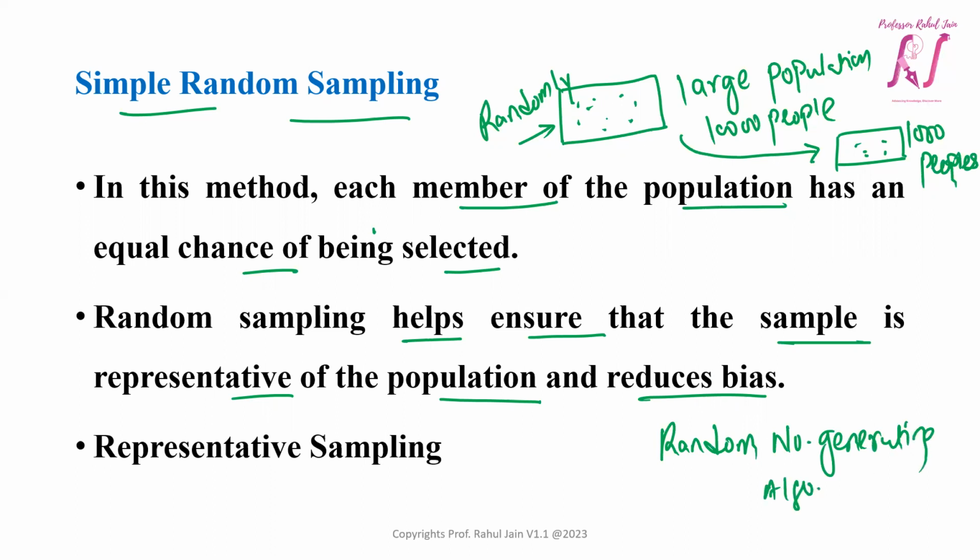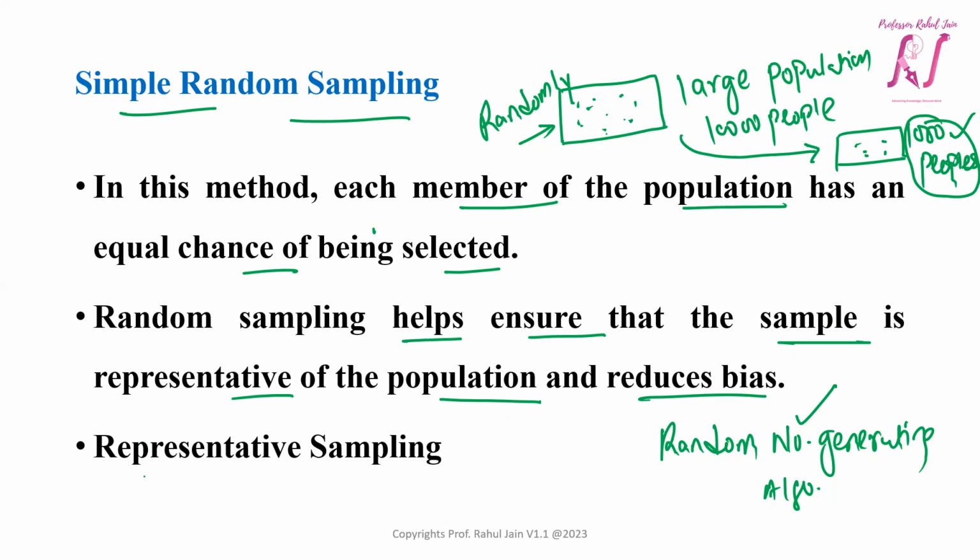We can assign a number to each person, right? And thereafter we can use the random number generating algorithm, and with the help of that we can figure out 1000 people, right? So the chance of selection of each and every member is equal here. That is why it is said that it does not have any kind of bias in selection.